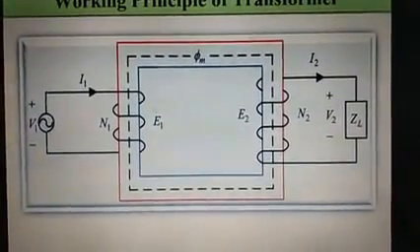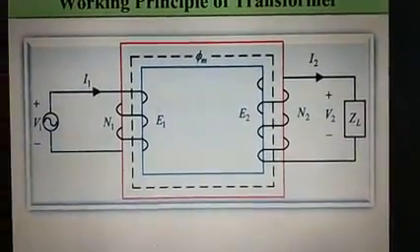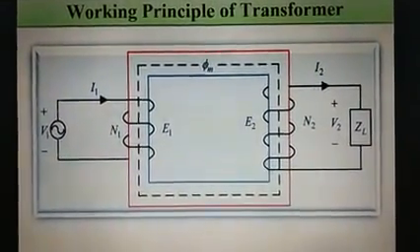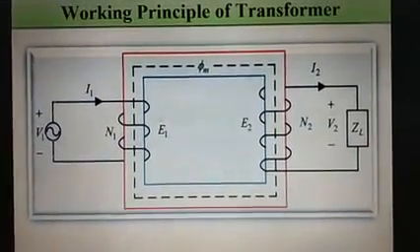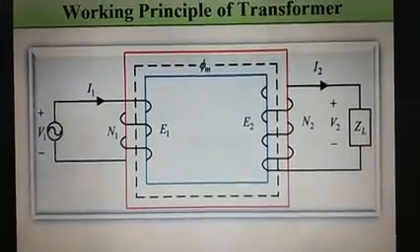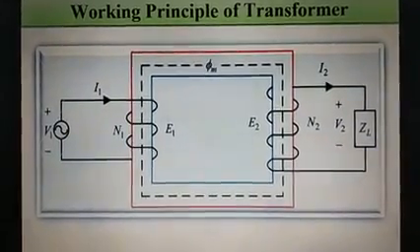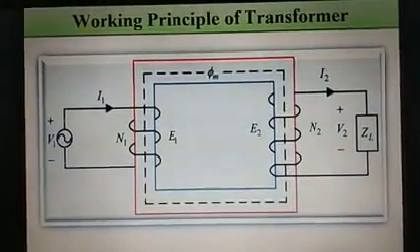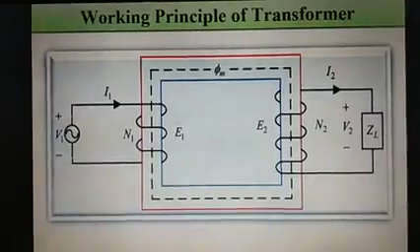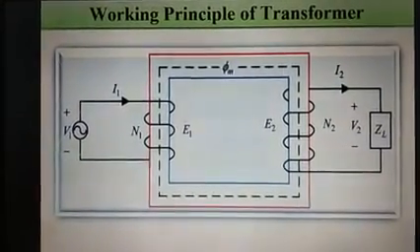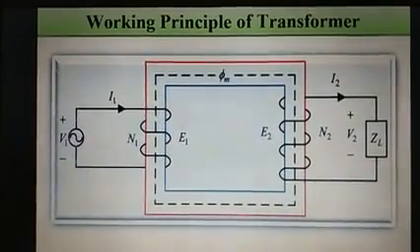So due to the current I1, flux is established in the low reluctance path, and consequently E1 and E2 are generated in primary and secondary windings respectively. If a load is connected to the secondary winding across E2, then a current I2 will flow through the load. This is the basic working principle of transformer.